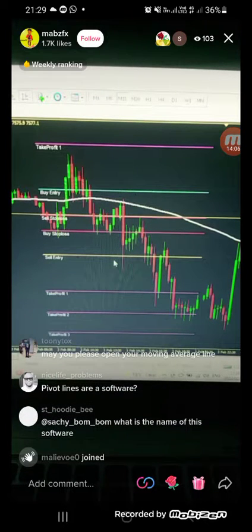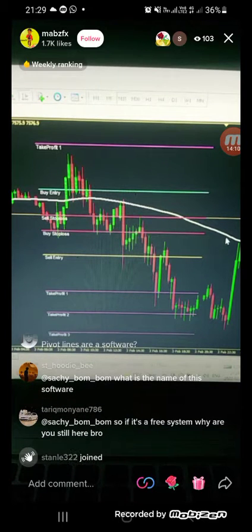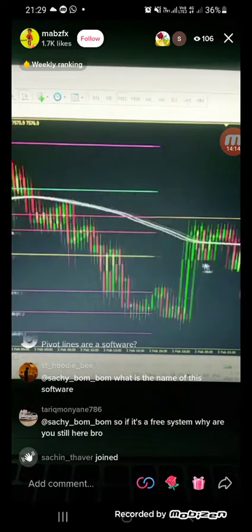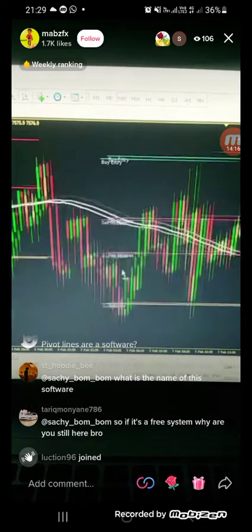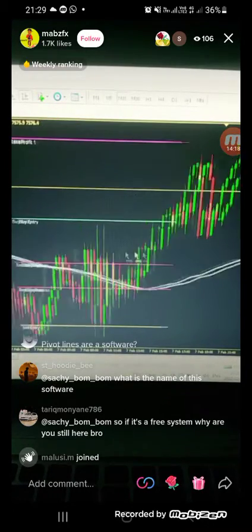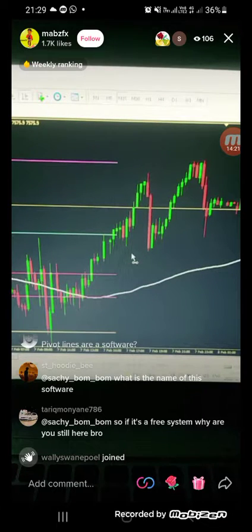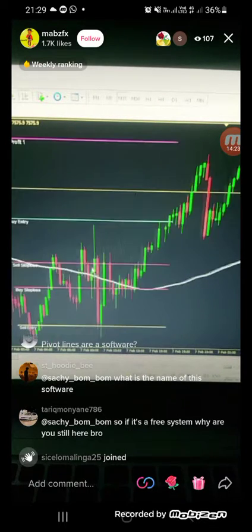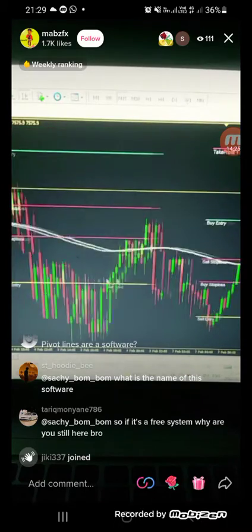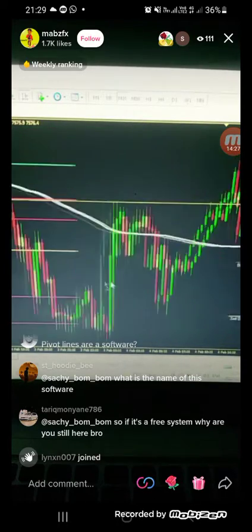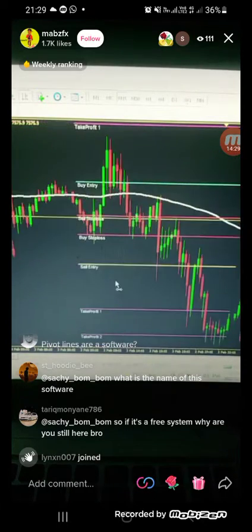You don't look for buy trades underneath the 100 period moving average, because you assume that the market is bearish, pushing down under it. And if the market is above the 100 period moving average, you assume that the market is bullish. This is on a 15-minute chart, and we're going to see how all this ties together. Just getting you guys up to speed.